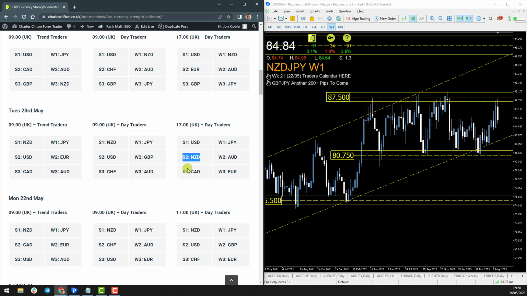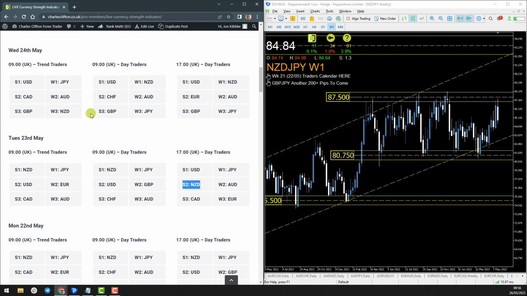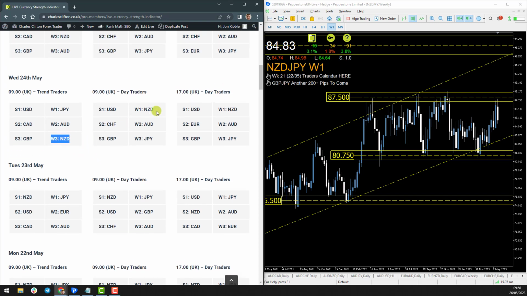That seemed to have faded by the end of Tuesday, and then on Wednesday we saw it remove itself from the strong side of the rolling data, the strong side of our trend traders, and it appeared as the weak currency, and then it featured as the weakest currency on our day traders table. So we completely flipped on that Tuesday evening and Wednesday morning to some Kiwi weakness.